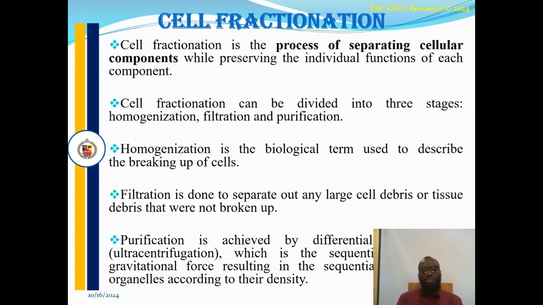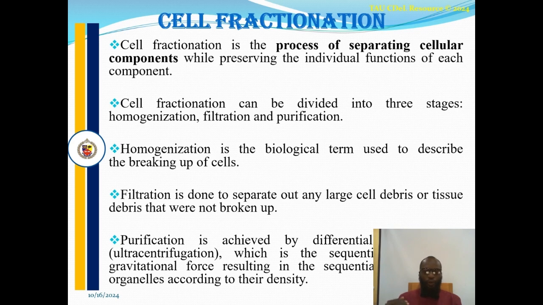Purification is done by ultracentrifugation, high-speed centrifugation. It is also called differential centrifugation. Why? Because you start from a lower speed at a shorter time, and then some of the cell components, some of the organelles, will separate out.